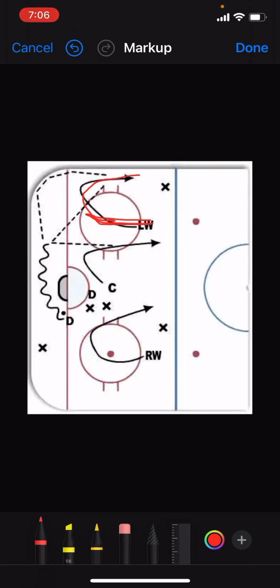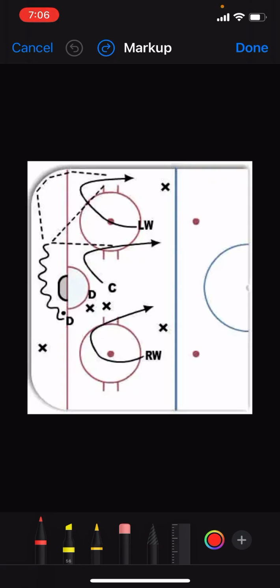Now, it might not look like a really important thing, but when it comes to creating passing angles, we're going to see that it actually makes things easier on the passer, and it also gives us more opportunities to pass. And you'll definitely see that when you see the centerman.